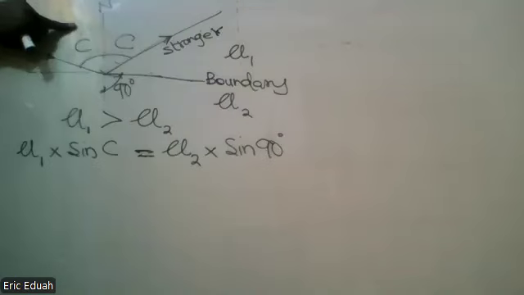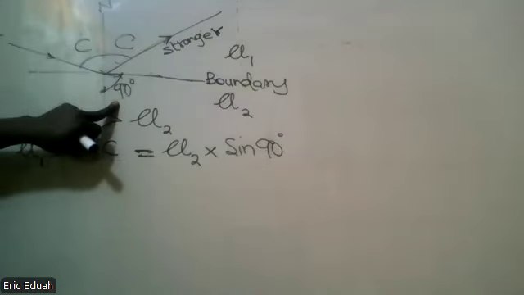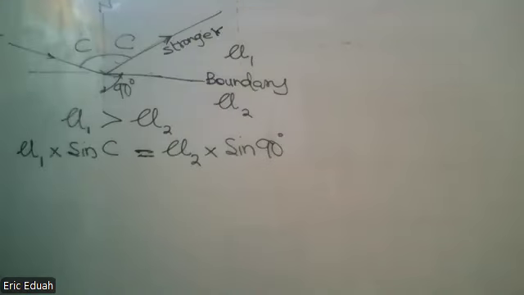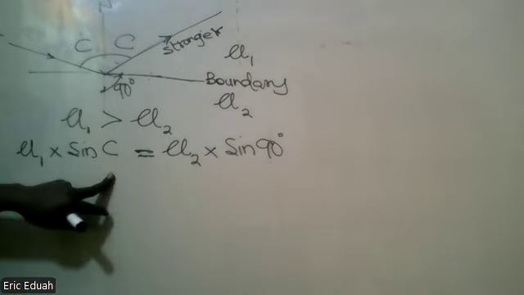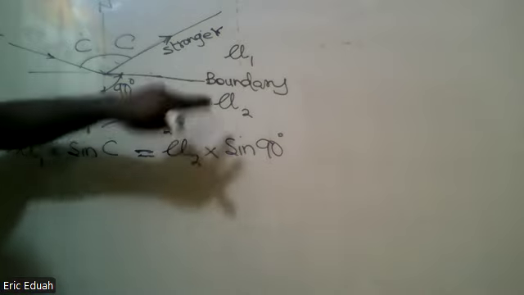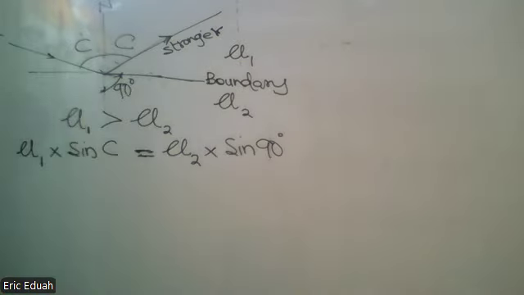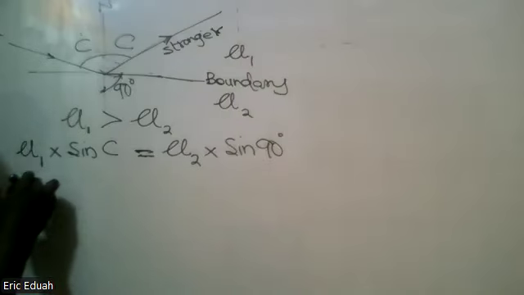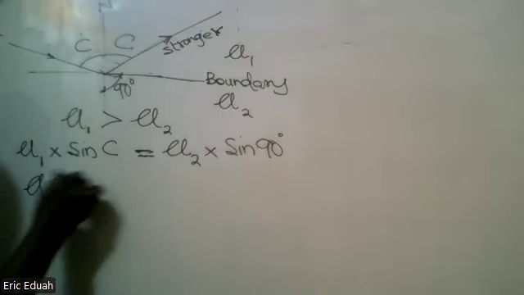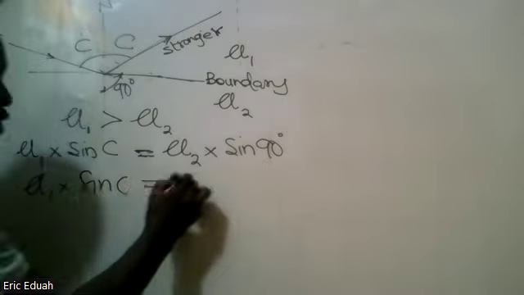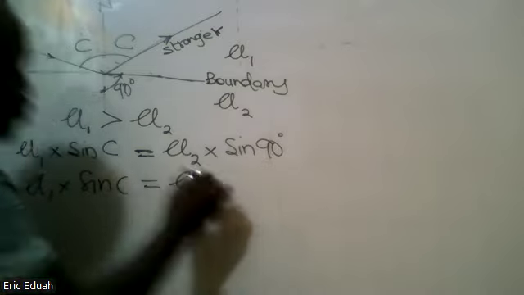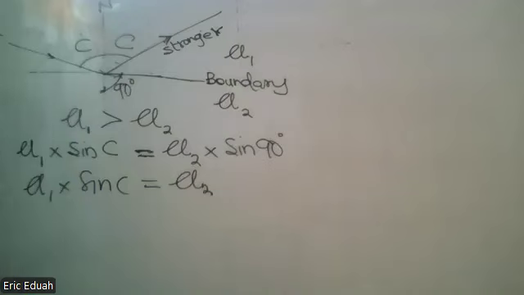If C is the critical angle, then the angle of refraction will be 90. So mu1 times sine C must be equal to mu2 times sine 90. Sine 90 is 1.